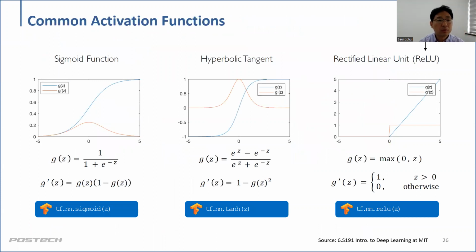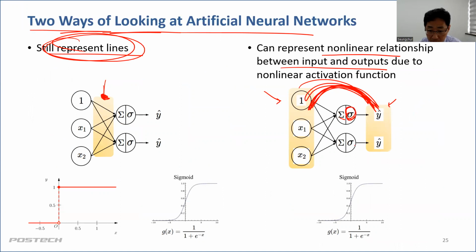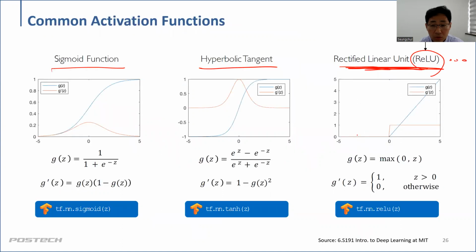And speaking of nonlinear activate functions, there are many. The only thing we use so far is the sigmoid functions. And we have another one, hyperbolic tangent. And the most famous one nowadays, rectified linear units. We call it ReLU. And we have more. It means we don't have to use sigmoid only. We can use other nonlinear functions. It's totally fine.